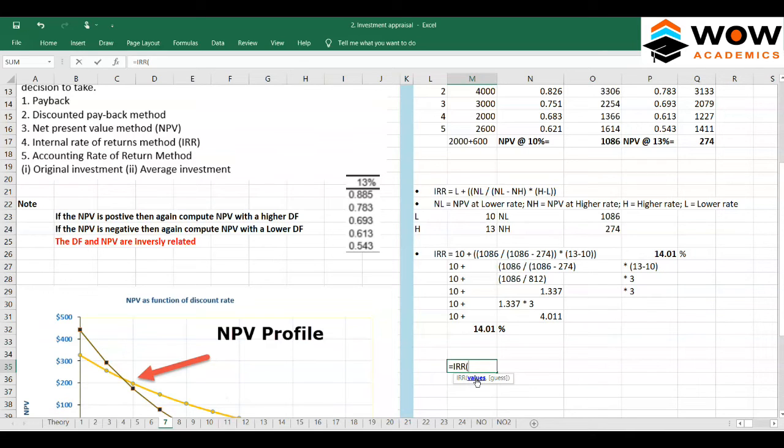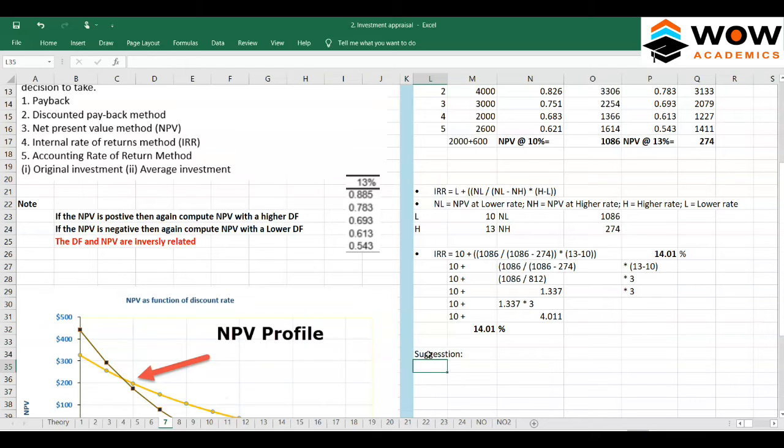Then only we can find it out. I'm not sure how to enter the value. You can see some other video on Excel. So this is about the IRR. What is IRR? IRR is a percentage. So we have to give a suggestion here. The suggestion is very important.